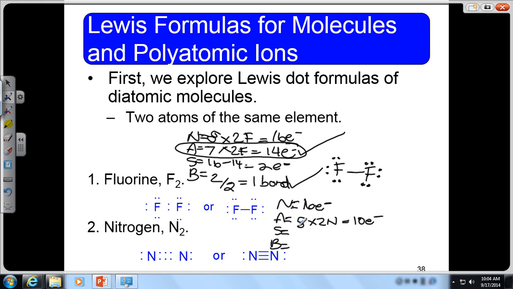Okay. 16 minus 10 is 6 shared. And when we divide 6 by 2, we get 3 bonds. Everybody with me?